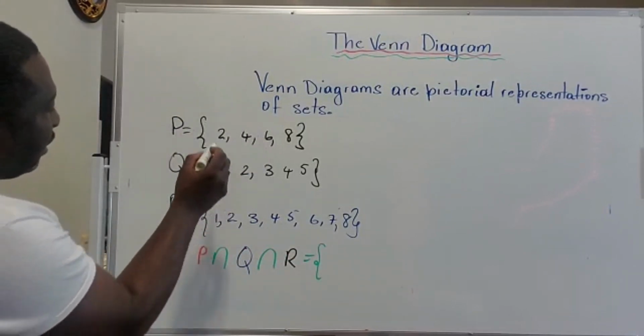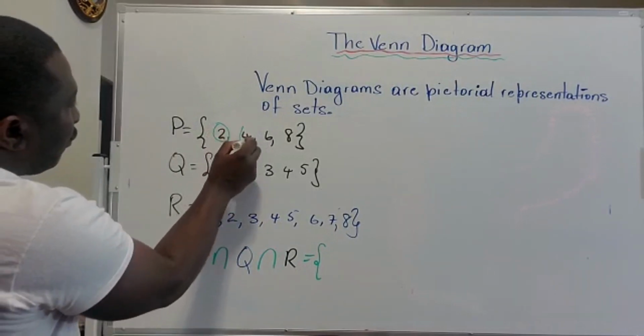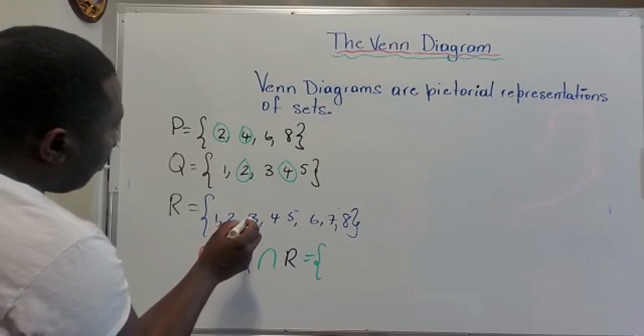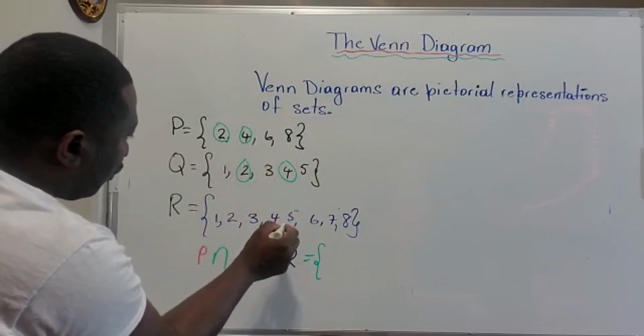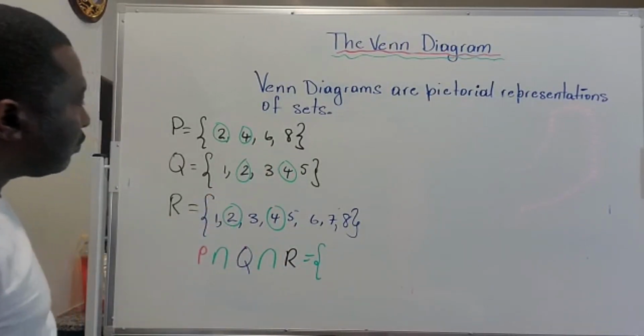So if we were to identify, 2 is here, 2 is here, 4 is here, 4 is here. Now, what about the 2, 4 is there, 2 is here, and 4 is here. Note carefully.